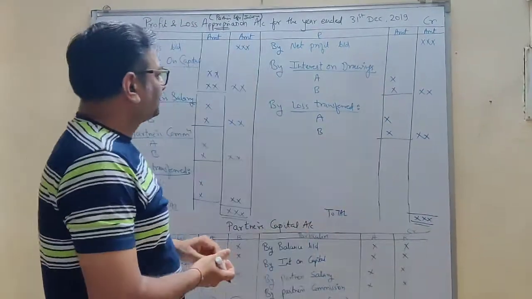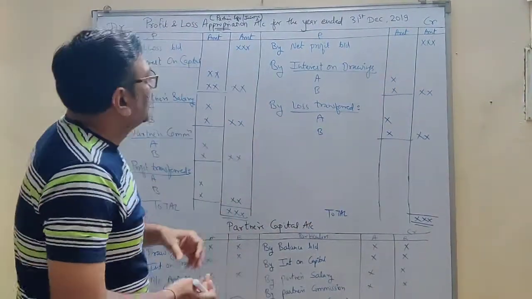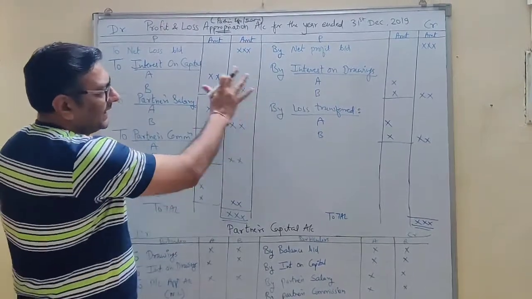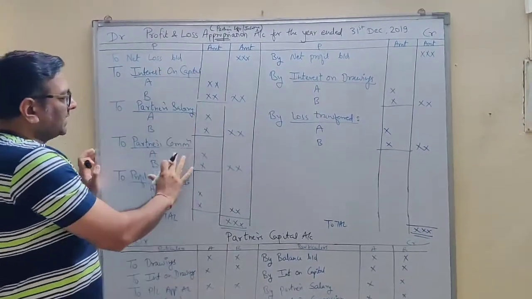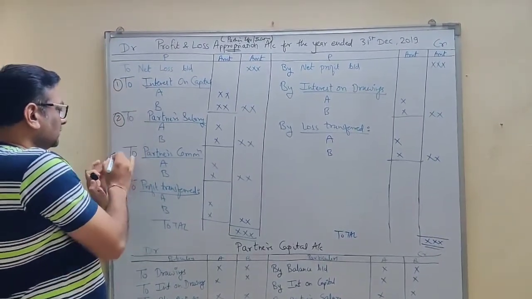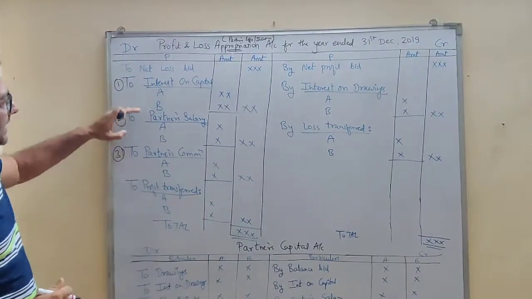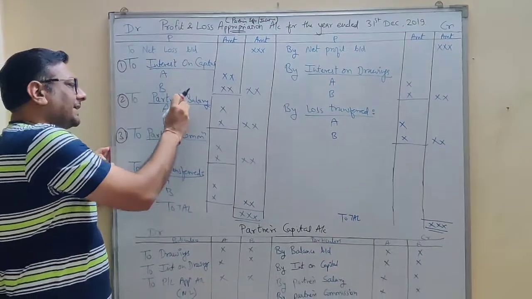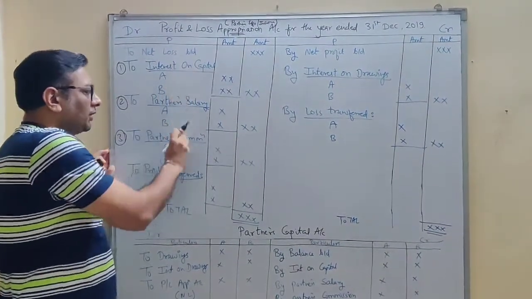Okay, let's see now. It's a very small account and very limited entries are there. If you see, there are 1, 2, 3 entries on the debit side. So there are 3 items which will be recorded on the debit side.